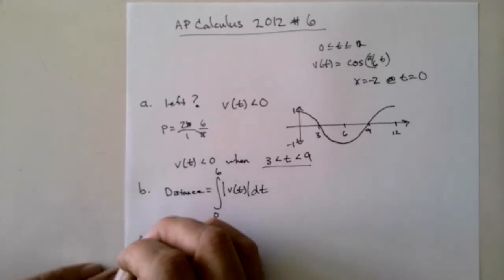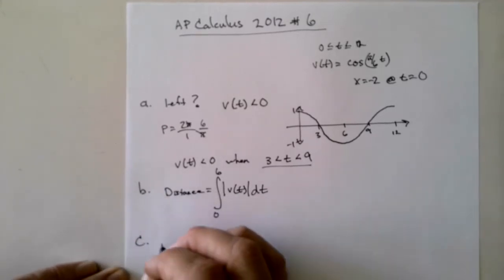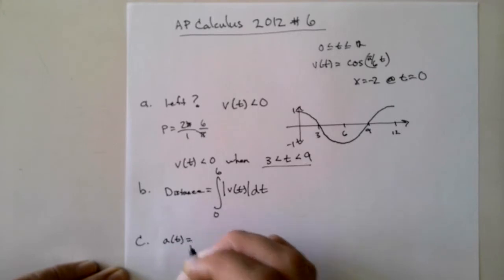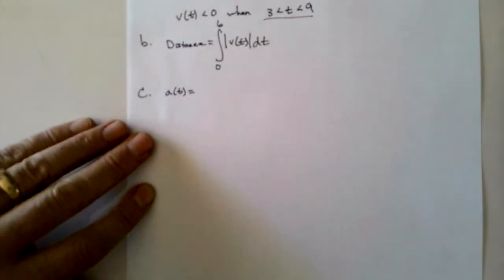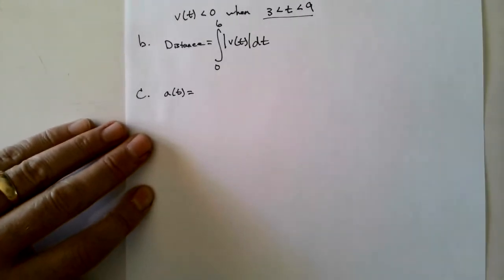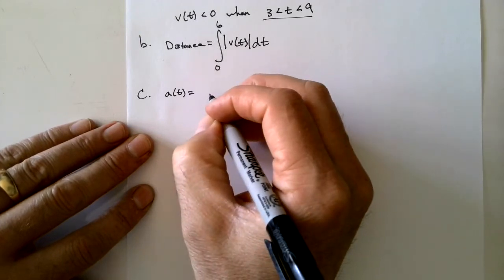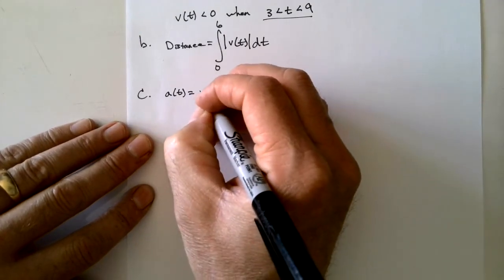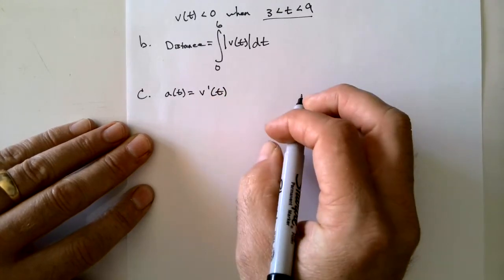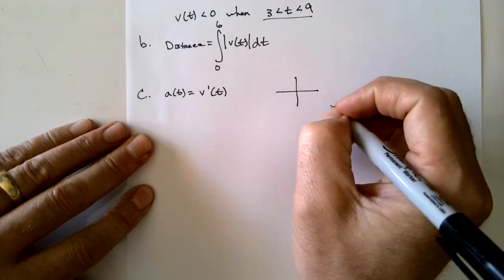Okay, part C says find the acceleration of the particle at time t. So acceleration at time t is equal to v prime of t. So if you consider your velocity function, find the derivative. I'm going to set up the chain rule here.